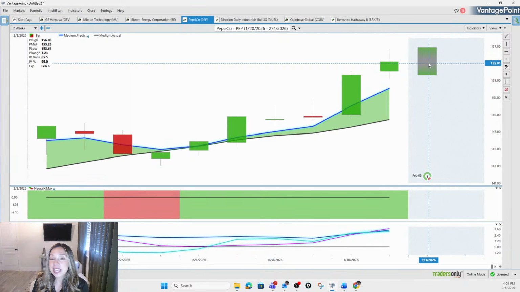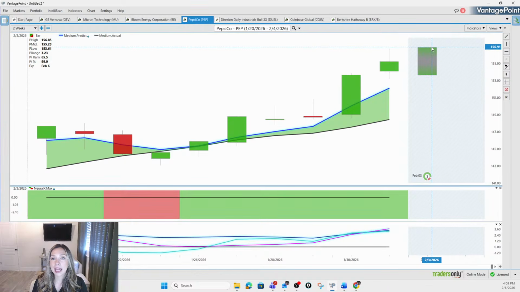So if you take a look at that predictive trade candle, what we have here is a predicted high and a predictive low. So the predicted high is at the top of that trade candle. The predicted low is at the bottom of that trade candle. And so what we're expecting here is price to range within that gray candle for the day. Now, this particular candle is shaded green on both ends.